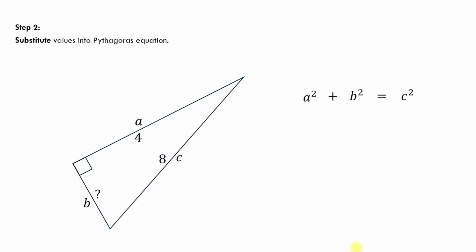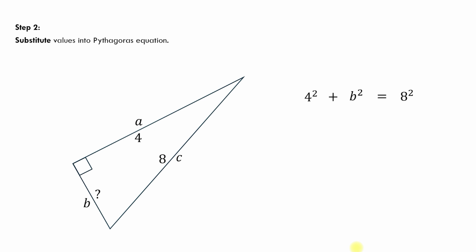So A squared plus B squared equals C squared is our Pythagorean theorem. Now let's substitute the values that we know. We know the 8 was the hypotenuse, so we'll put that where C was, and we know that 4 represented side A, so that goes on the left-hand side of the equation.